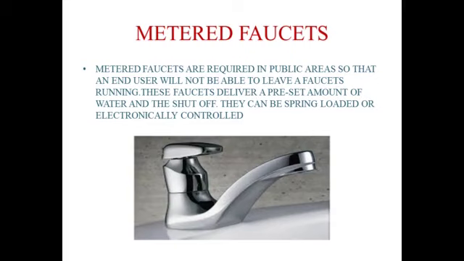This faucet is mainly used in public areas so that the water consumption is measured. Spring loaded works based on pressure, and electronically controlled by calibrating the value such that a certain amount of water is released so that water wastage is minimized in public areas.